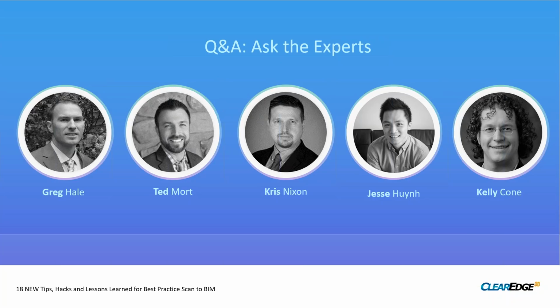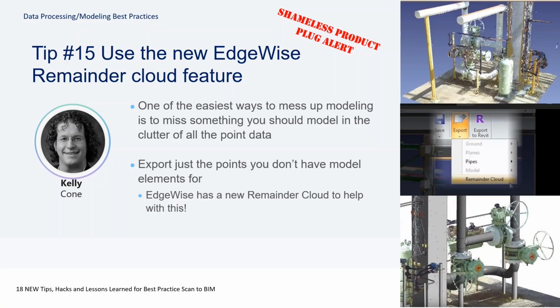We had a question about the comment that I had made about modeling what's left. I kind of jumped ahead and talked about both applications on this slide, but EdgeWise, which is our software for generating models from point clouds, has a new feature so that anything you haven't generated a model from in the point cloud data gets broken out and you're able to export it.